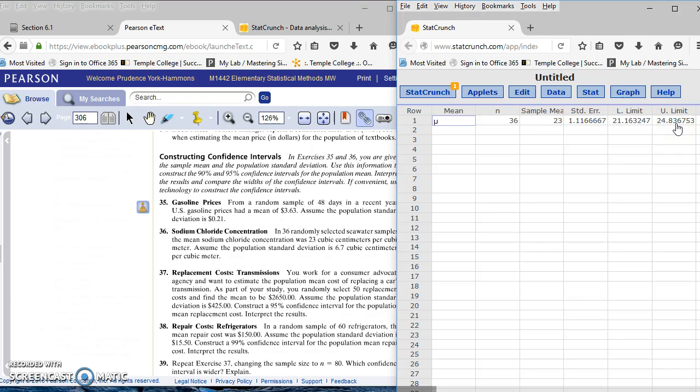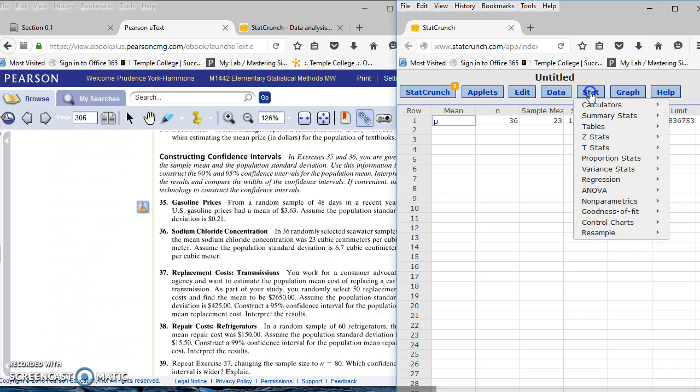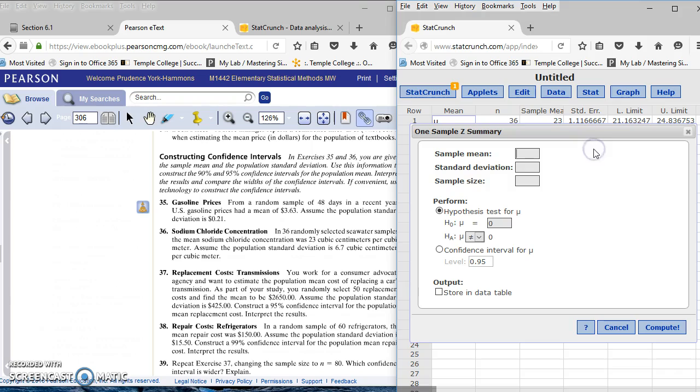Now, if I want to increase my confidence to 95%, I redo the calculation: Stat, Z-Stats, one sample with summary. The sample mean is exactly what it was before, 23. The standard deviation is still 6.7.